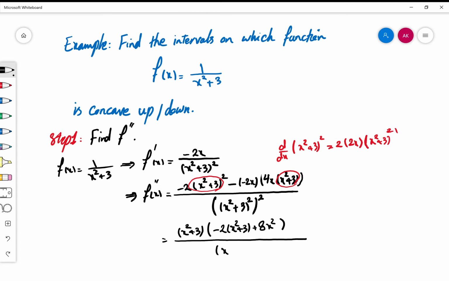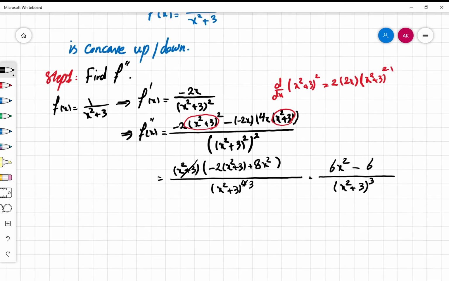And then x squared plus 3 to the power, exponent of exponent, you multiply. Now you can cancel this with that, and you get a power of 3 in the denominator. So here is negative 2x squared plus 8x squared, which is 6x squared minus 6, over x squared plus 3 cubed. Okay, now that's step 1.